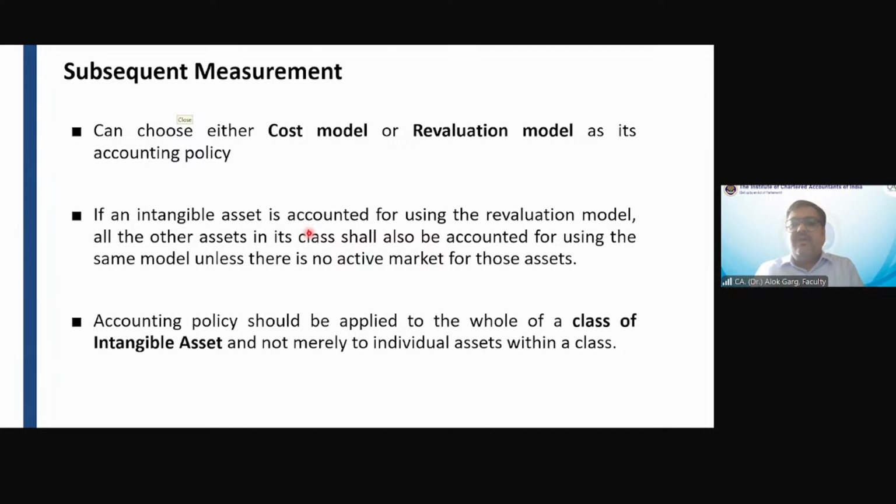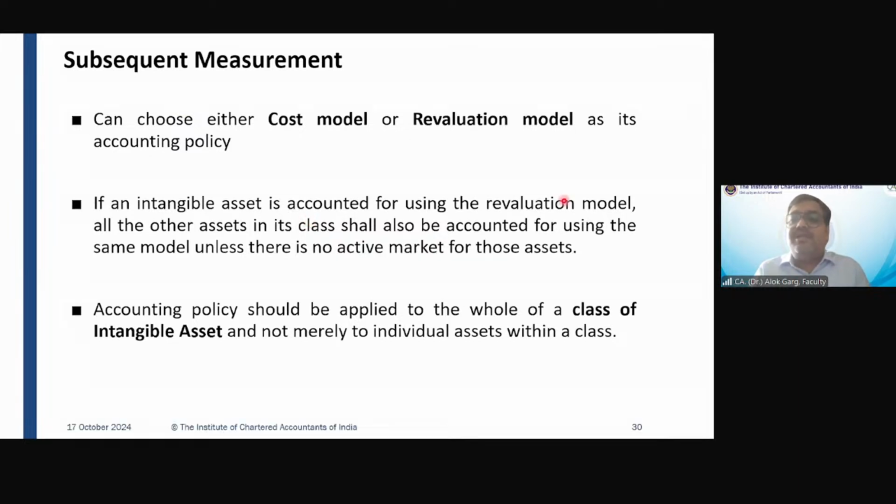Okay. Now coming to the subsequent measurement on the reporting date. Can anyone tell me what the concept of subsequent measurement is? What are the two models? Please unmute yourself. If you have attended the session on Ind AS 16, tell me whatever you understand about subsequent measurement, cost model, revaluation model.